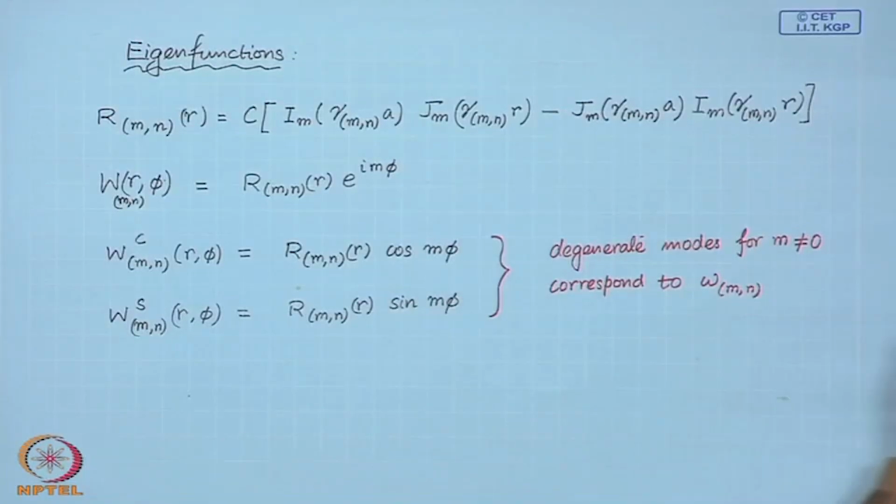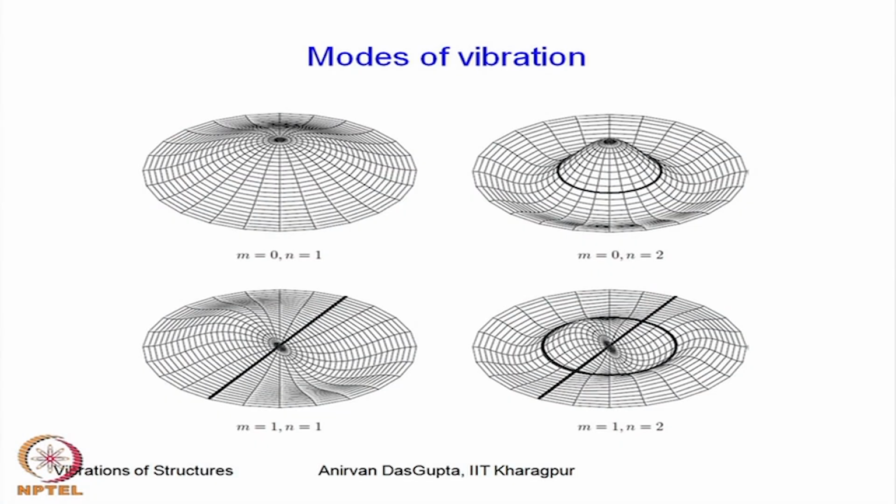So, let us now look at these modes of vibration of a clamped circular plate. This is the first mode, so m equals 0 in this case. This is axisymmetric and similarly this is axisymmetric. This is the fundamental, the first mode.